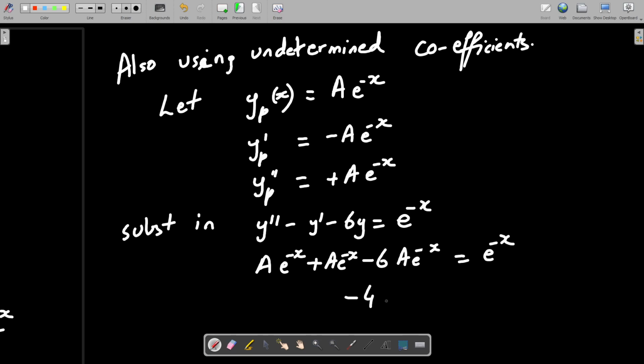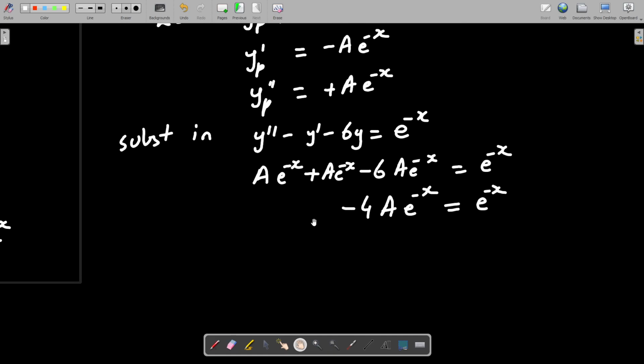So add them up, you will get 4a is equal to e raised to minus x. Okay, so e raised to minus x is not equal to 0, so I can cancel it on both sides.